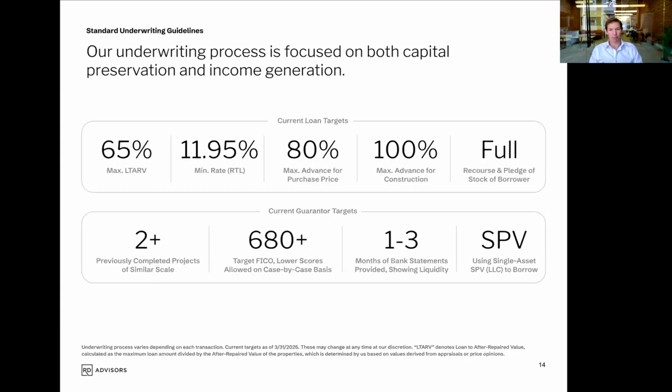For example, if a borrower says, I can do the project for $100,000, but we send an inspector out there and they say it's really $120,000, because if you hire a GC, they're going to earn $20,000, our budget isn't the $100,000 the borrower says they can do it for. It's $120,000, because if we take over the project, that's what we can get it done for. So that's a big distinction.